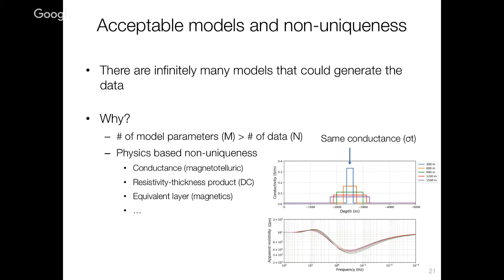So in this case, this is depth, and if we have a very thin layer with high conductivity, it gives essentially the same response as a thicker layer with lower conductivity, and so on. So here are the responses that you have from those, and when you add errors to these things, they're essentially the same.